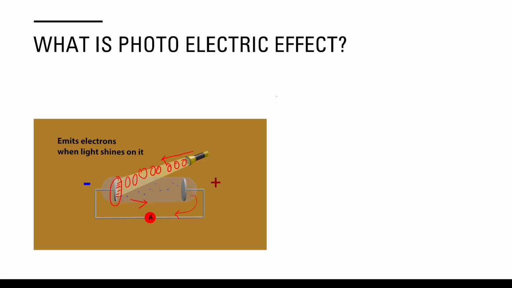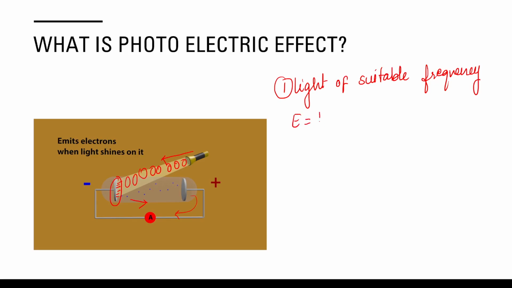Now, what are the steps for the photoelectric effect? First, light of suitable frequency. Why suitable? Why do I need suitable frequency? Because each of my photons will have an energy given by hf. If the frequency is too low, the packet will have too little energy and it cannot execute the photoelectric effect.